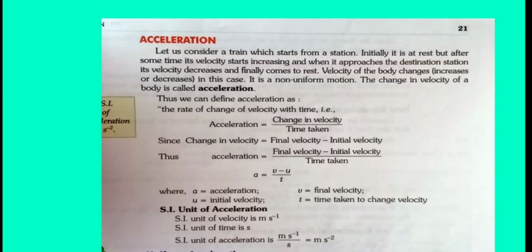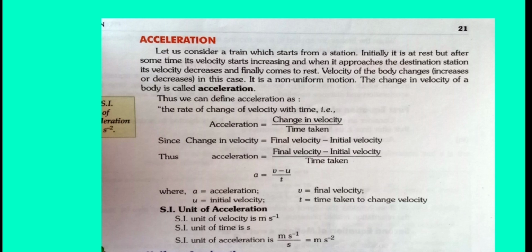Let us take an example. Suppose a train starts from a station. Initially, the train is at rest, but after some time slowly its velocity increases, and then finally as it approaches the destination station, its velocity gradually decreases and finally it comes to rest. So the velocity of the body was continuously changing.